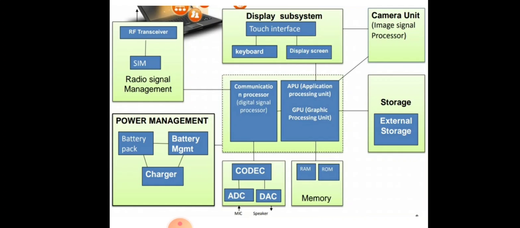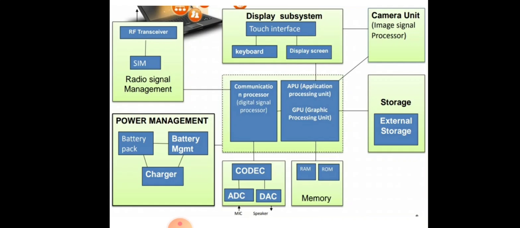It is responsible for controlling the entire set of tasks and execution that takes place inside a mobile system. Then graphic processing unit or GPU. GPU processes graphical and visual data, so it is responsible for rendering web pages and for gameplay.